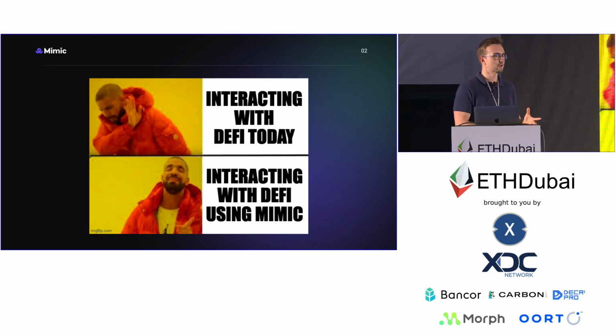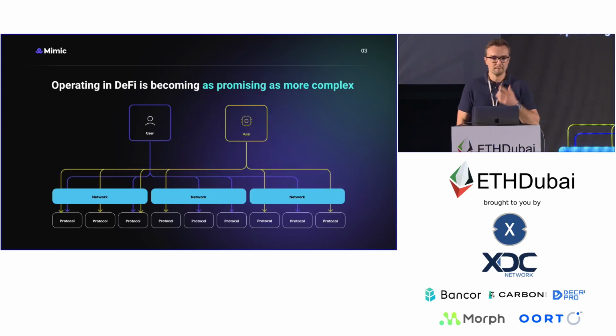So what we're trying to resolve is that interacting with DeFi can be cumbersome, especially on a protocol-to-protocol level, and we're planning to change it. Operating in DeFi is becoming as promising as it is complex. Especially on an app-to-app level, it could be very difficult because DeFi is an ever-changing space where new protocols emerge and existing protocols update their smart contracts.